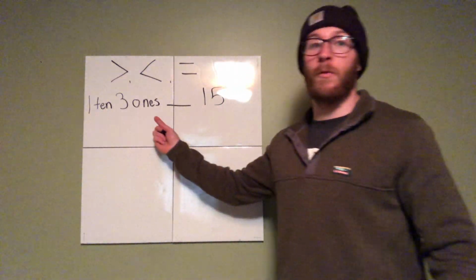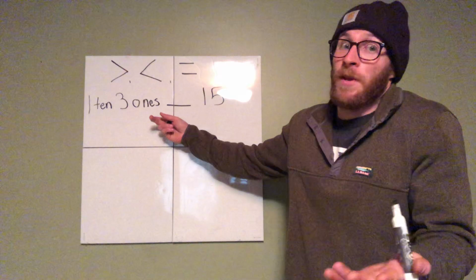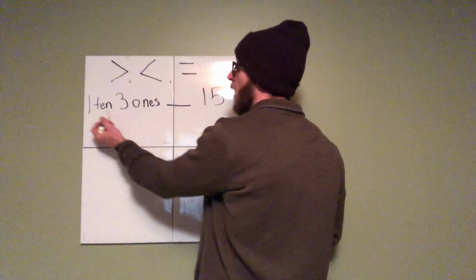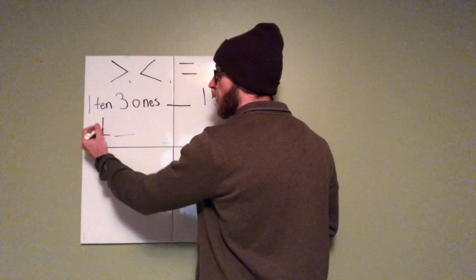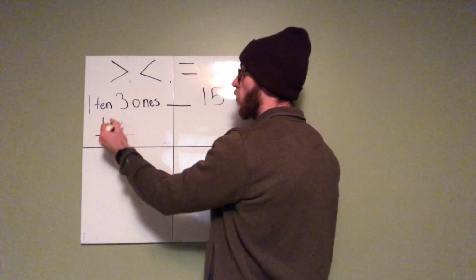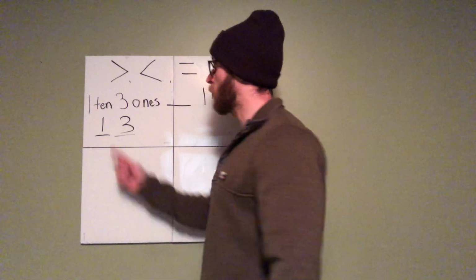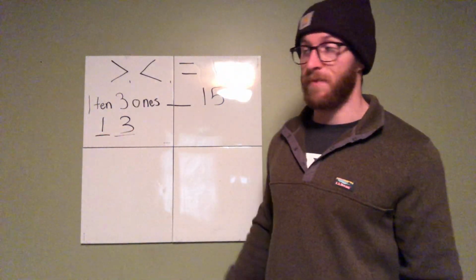Now, 1 ten and 3 ones is a number, and I need to figure out what that number is. So I'm going to write it out: I put a 1 in the tens place, and a 3 in the ones place, so my number is 13.